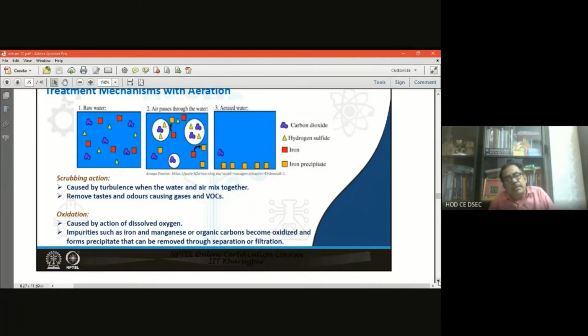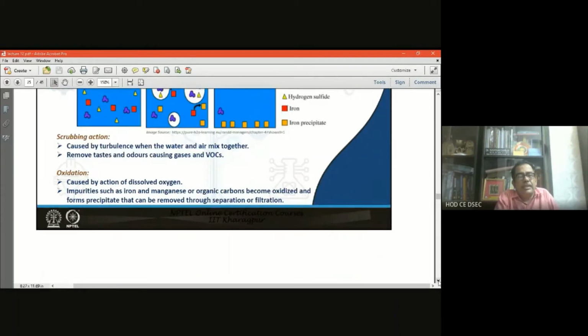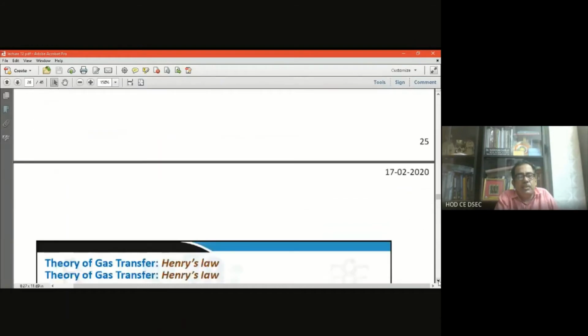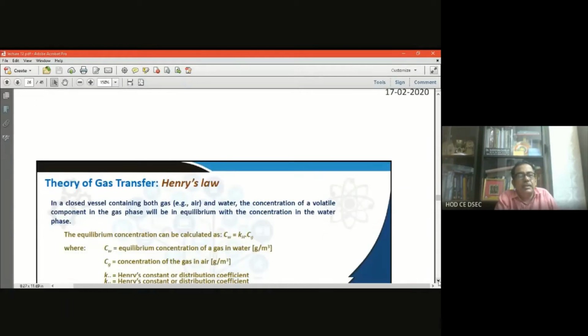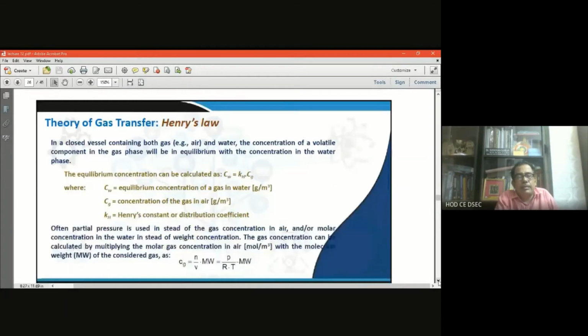That's why I've told you that in the aeration process iron and manganese are removed: the oxidation takes place, and this oxidized iron and manganese is separated by forming the precipitate. So this is the basic scrubbing action and oxidation process mechanism, how it is done in the aeration process.